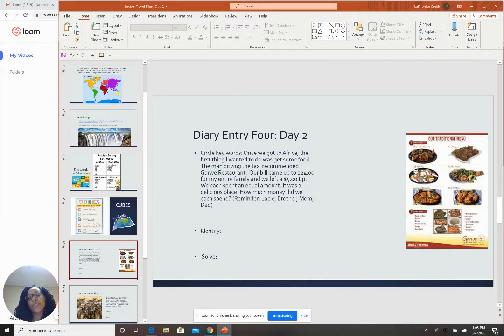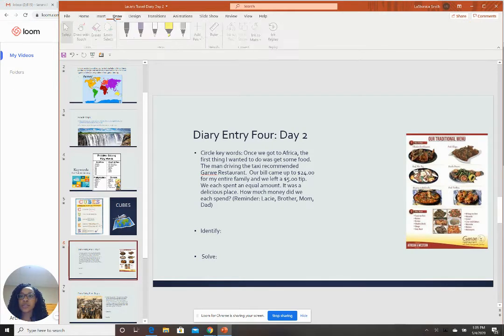Okay, so think to yourself, and a reminder from Monday, when she says her family, that means it's Lacey, her brother, her mom, and her dad. I'm going to go ahead and circle the numbers, which is the first step in our strategy CUBES. I'm going to circle the number 24 because that's important.